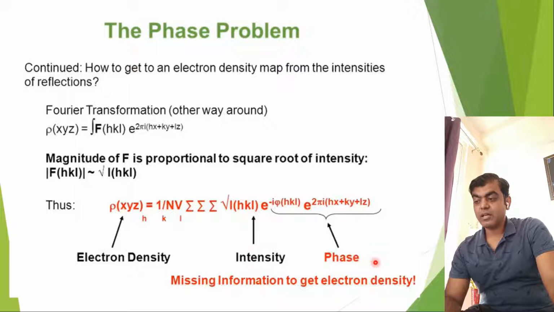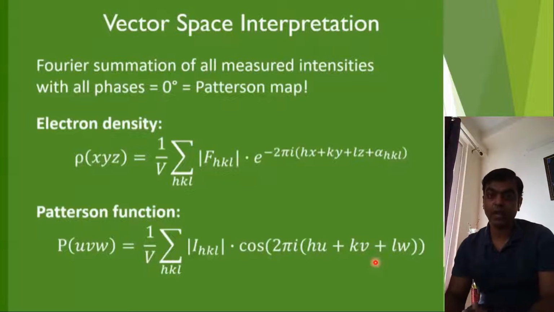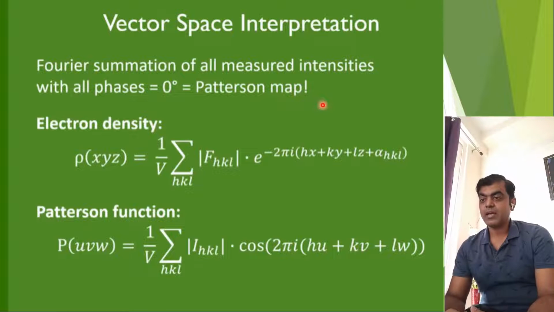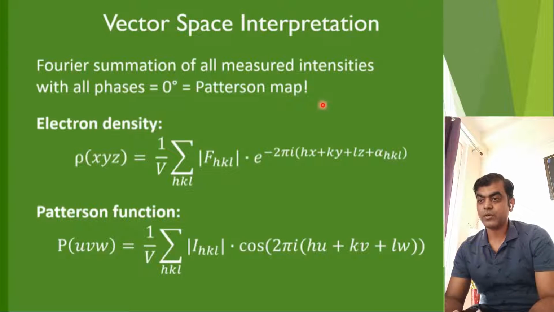And how we can get this information, we'll see by different expressions how different people have tried to represent it in different forms of mathematical expressions to get the phase information. Okay, so first, the vector space interpretation.